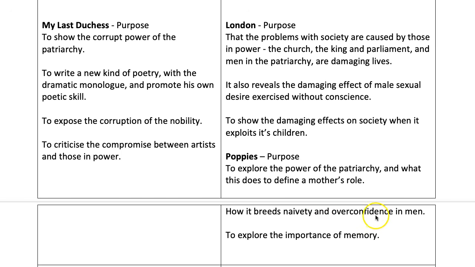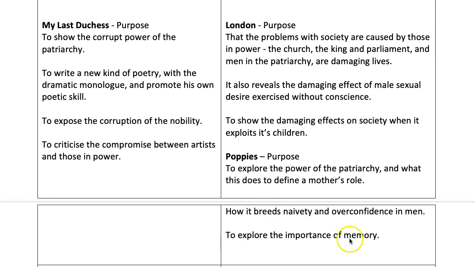It breeds naivety and overconfidence in men, as we see with her son going off to war, and that's a contrast to the Duke, who has complete overconfidence because he even confesses to a murder, but he's not naive. He knows he's going to get away with it because his patriarchal society is so corrupt.